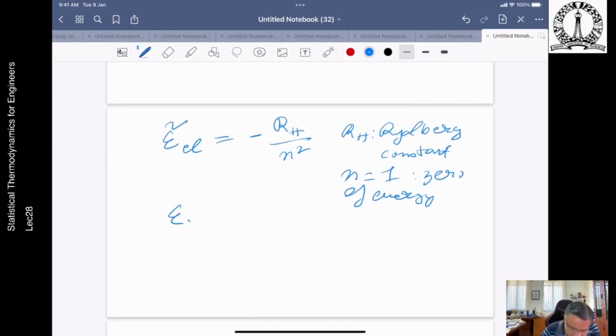Therefore the electronic energy was written as RH times (1 minus 1 over n squared). So this was for atomic hydrogen.